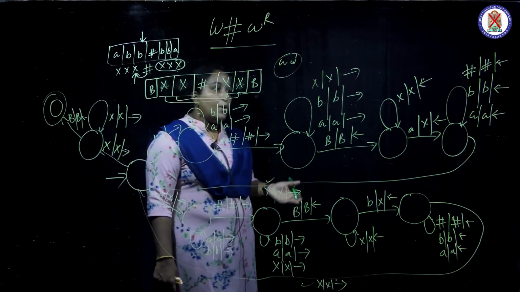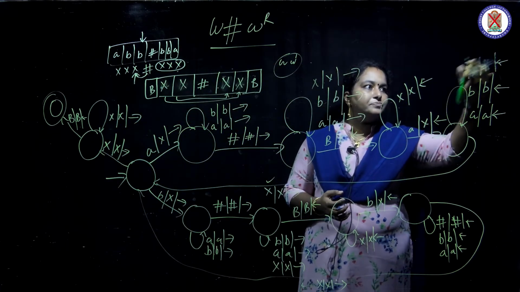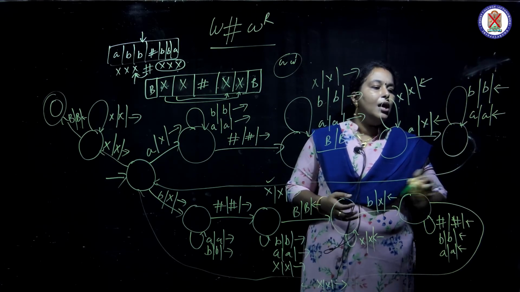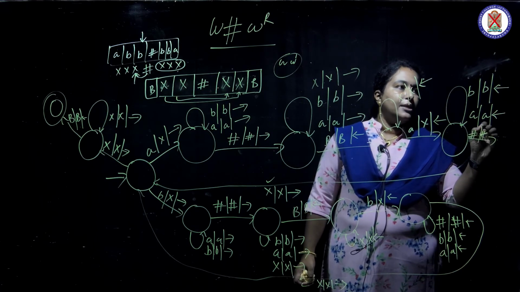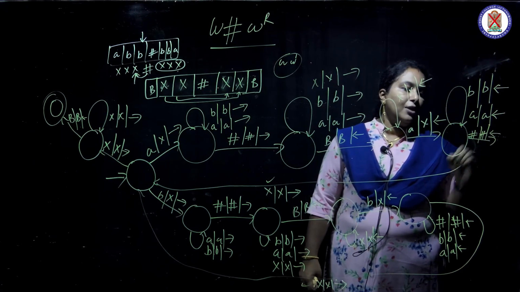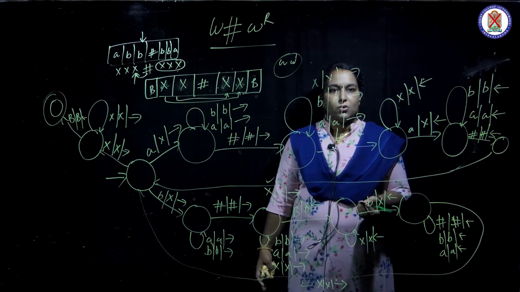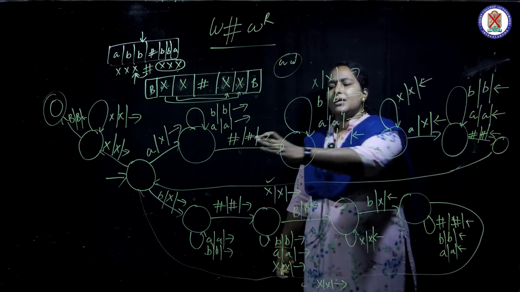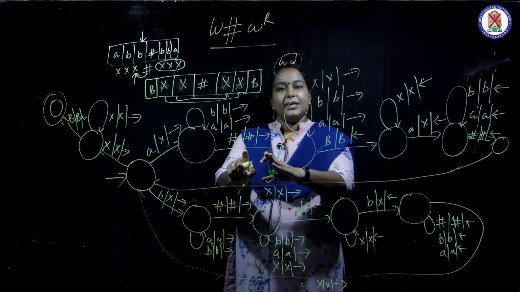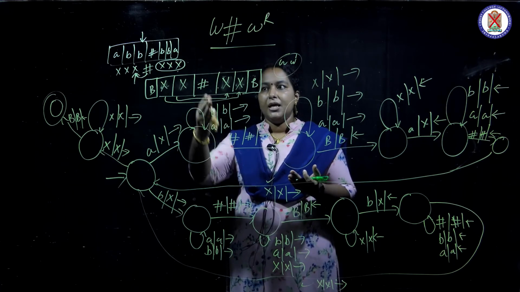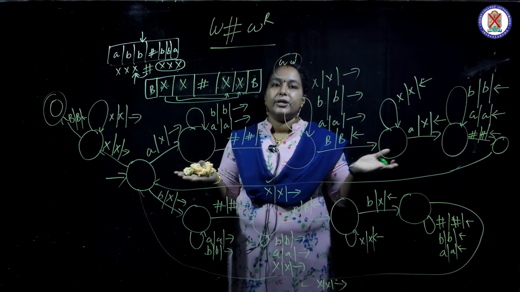Hash, if you want, you can make this hash as another state. For example, you can rub it from here and make it so that hash comes, hash is seen, you move backward, and for the next state you can do it for X also, that's also correct. But here our hash existence has been checked, only one hash will be taken care of. Also I said in PDA, you check only one time, after that you can bypass it, don't check again and again.